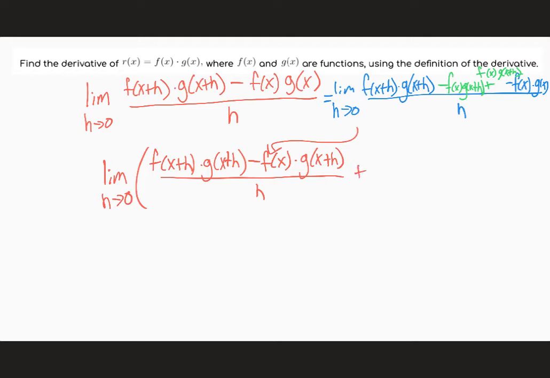And then the second half, starting with my other term here, that's supposed to be an arrow, not a minus. So we've got plus f of x times g of x plus h minus f of x times g of x.